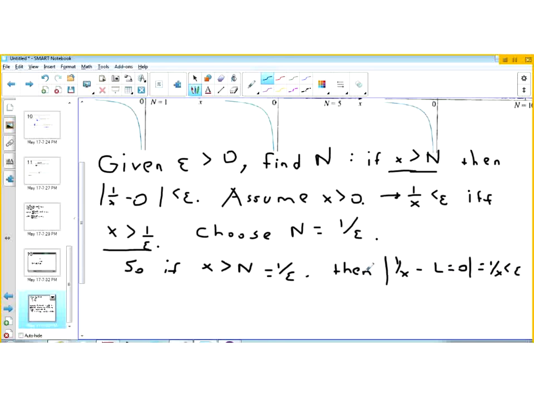All right, so long story short, our value of n is 1 over epsilon. And so for any positive number epsilon, we can find a corresponding n. And that's it. That's how you deal with it.